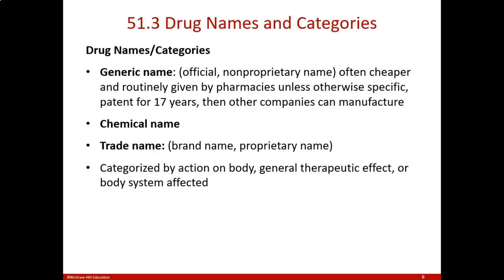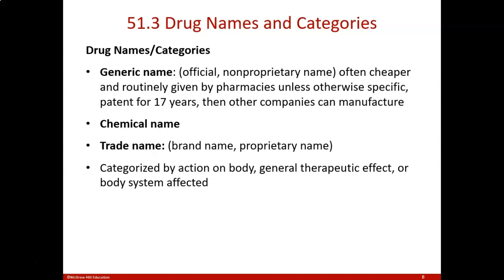It's usually less expensive. And normally it will be given by pharmacies unless it's otherwise specified. Any manufacturer that comes out with a new drug has a patent for 17 years. Okay, after that 17-year mark, then other companies can come in and manufacture it. And that's where you start seeing multiple different trade or brand names.